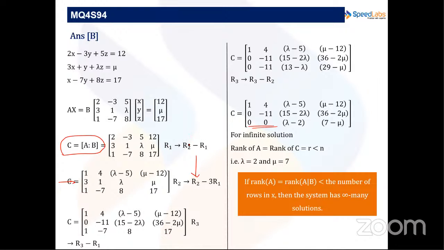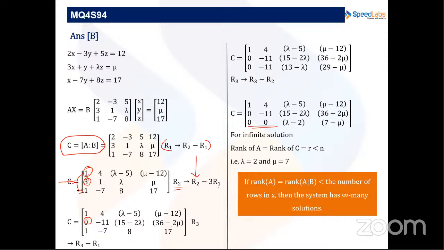So here we are applying the operation in R1, R2 minus R1. So we are subtracting it, we will be getting 1. Why are we getting 1 here? So that 1 minus 1 will be 0. Now again in R2 we applied the operation R2 minus 3R1 so that this will become 0 and the other elements will change likewise.